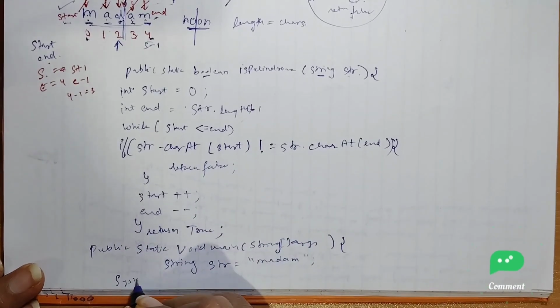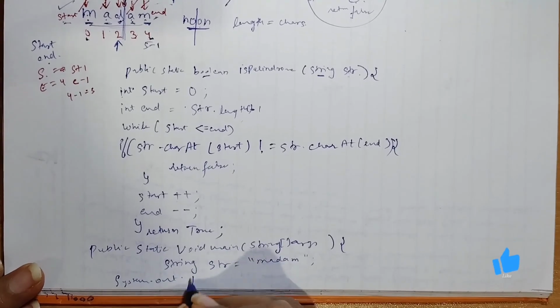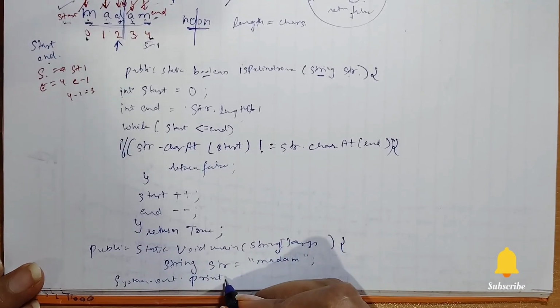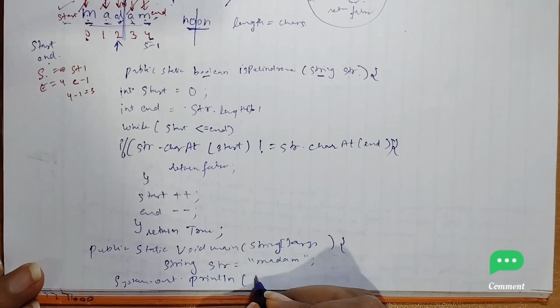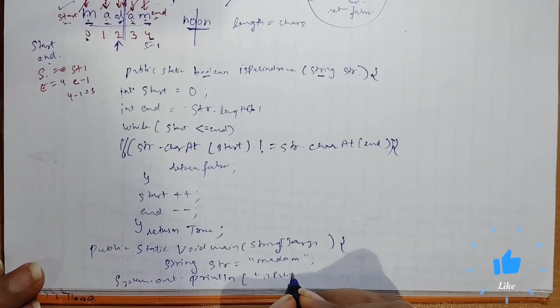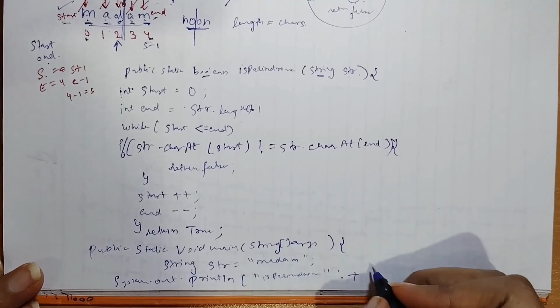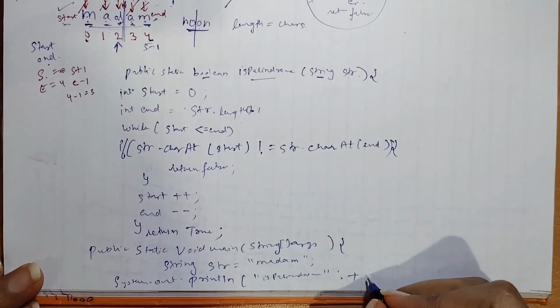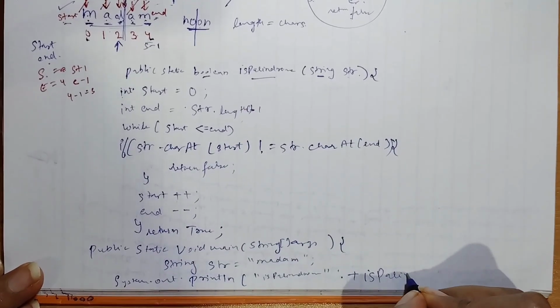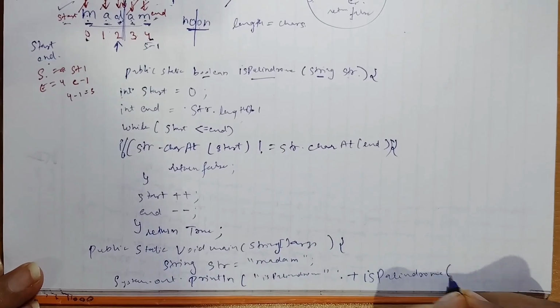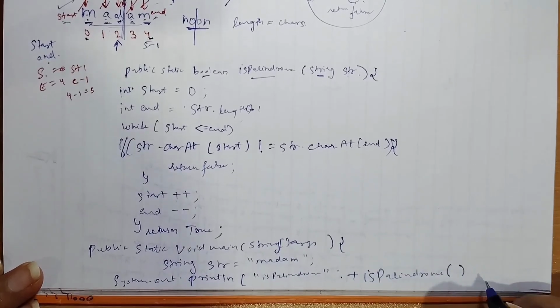For that we will write System.out.println. Here we are calling and printing as well, println and isPalindrome, and don't forget to type these brackets also.